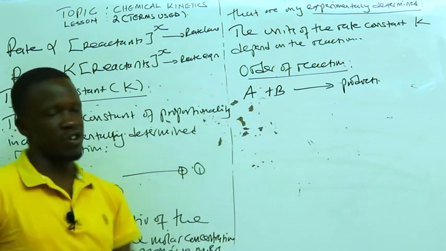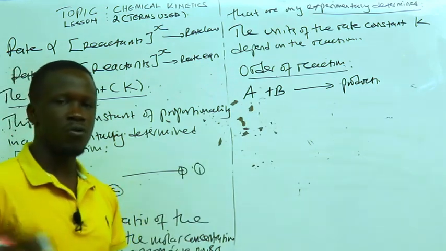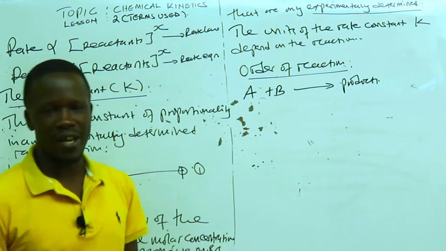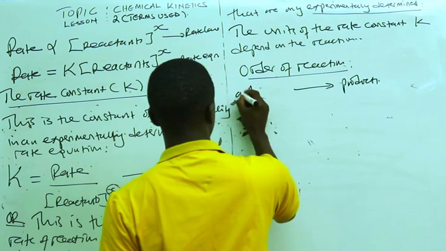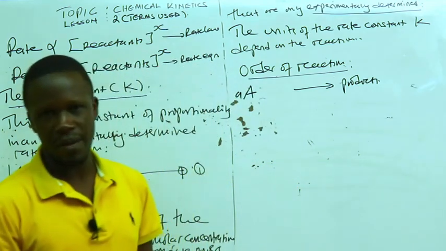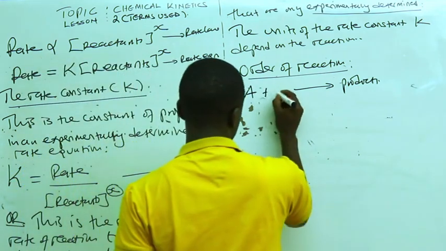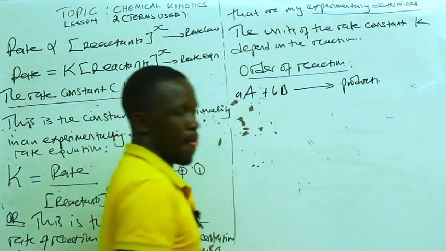Now, from this expression, someone could be tasked to read the rate equation. Let us say reactant A is balanced stoichiometrically by small a, and reactant B is balanced by small b.